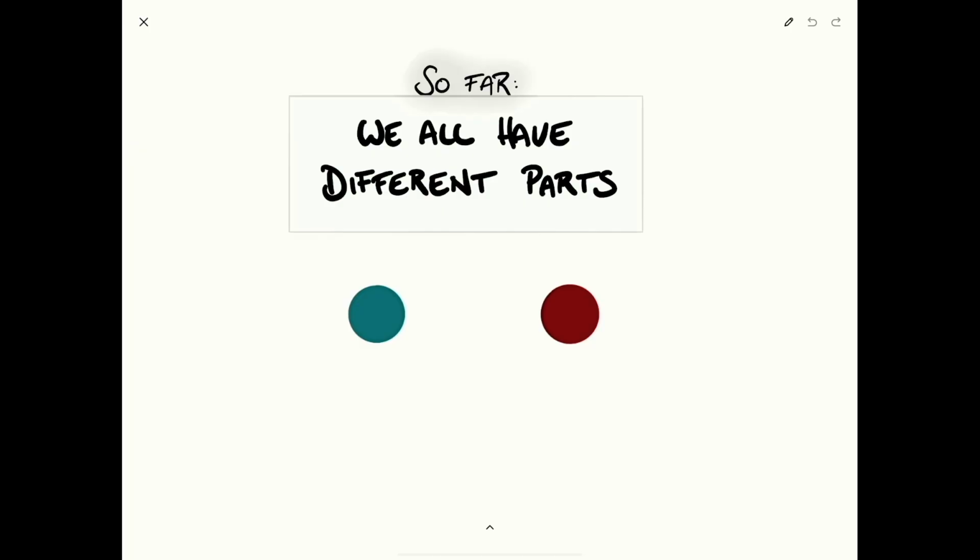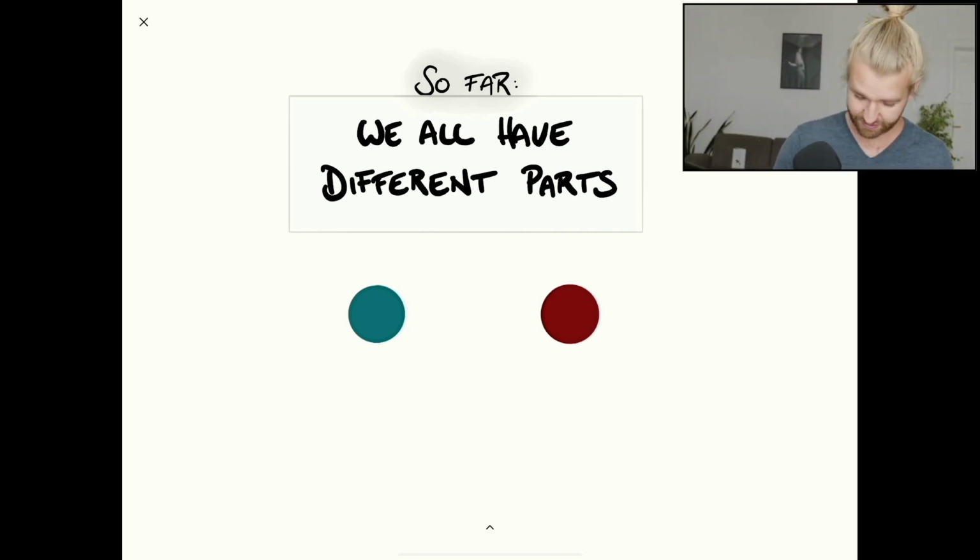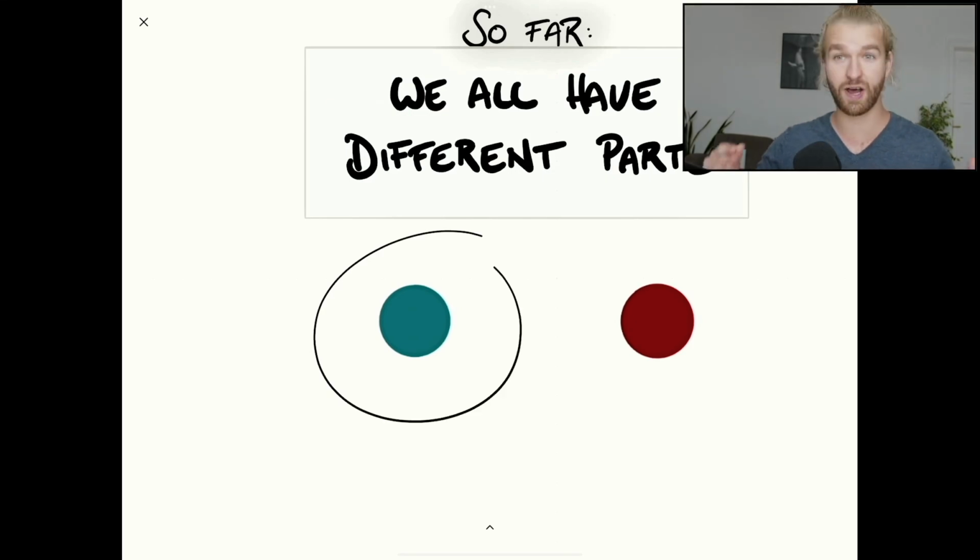At this point in the video series, we've mostly looked at one element of the theory, which is that we all have different parts. We've looked at this in depth, checking out what parts, protectors, and exiles are.